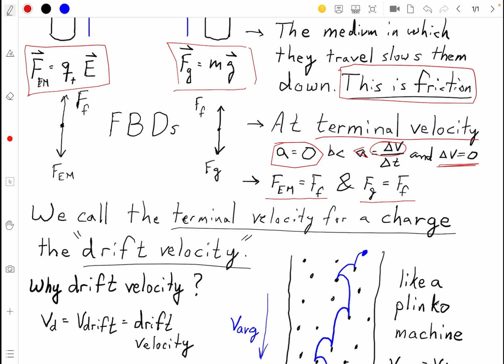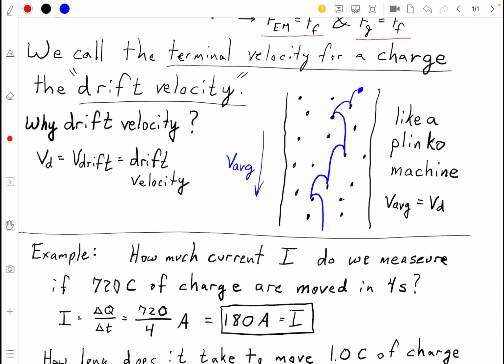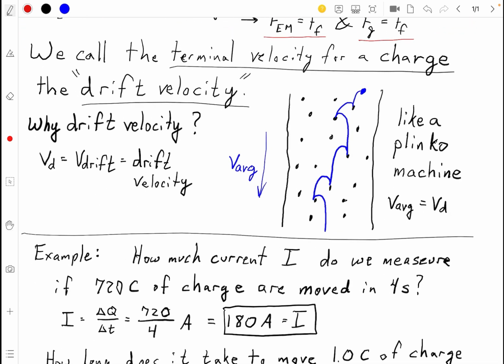Well, electrons have this happen to them, and electrons have this terminal velocity, but for electrons we call it a drift velocity. We don't call it the terminal velocity. It's just because the two things were developed separately.